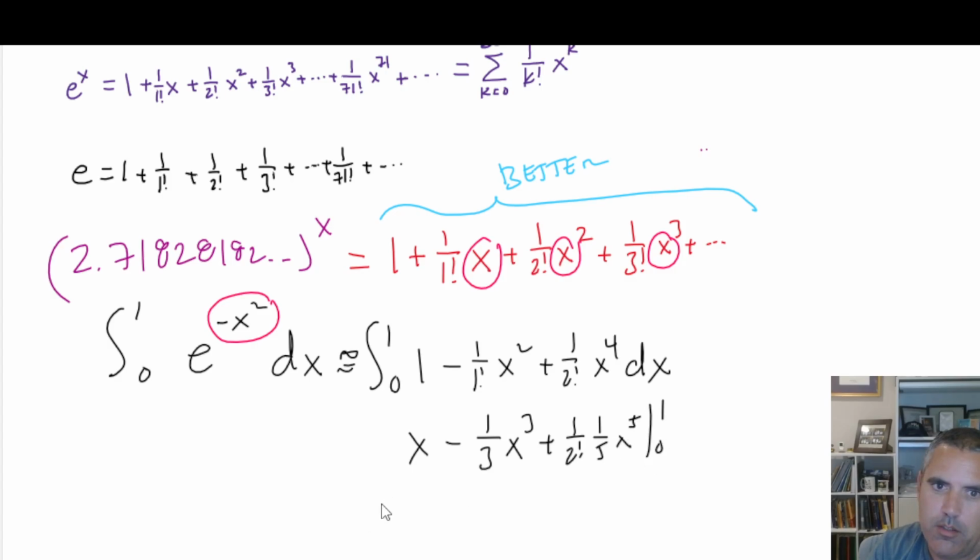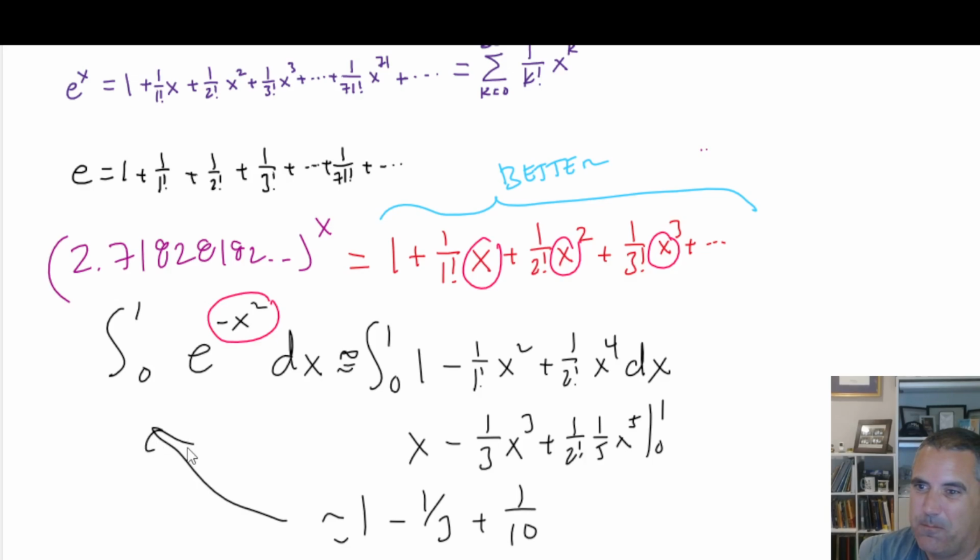Plug in a 0 and 1, and you get 1 minus a third plus a tenth. And that's going to be really close to what this is, because I know that approximates it very quickly. If it's not good enough, we could just add a few more terms until it's close enough. If we want to know the error, we could go back and compute it. Often we don't compute the error, we just check each step to see that it's getting better.